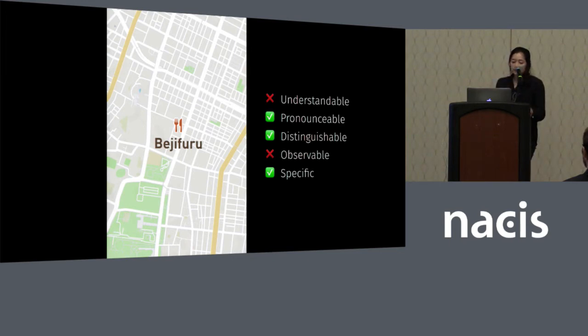And you can see that this definitely has the benefit of being pronounceable and distinguishable, unlike the local language name. But it's not very understandable because it doesn't have a lot of inherent meaning. It's likely not observable because it is a generated name. And again, if we're doing different types of conversion, like some translation and transliteration, this balance of how much meaning it has is probably going to change as well.